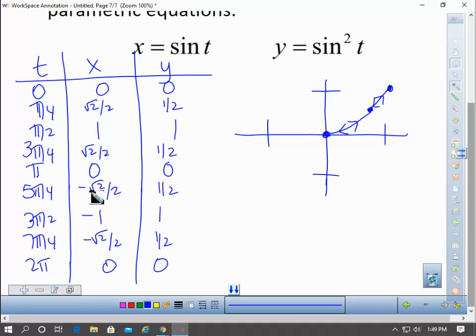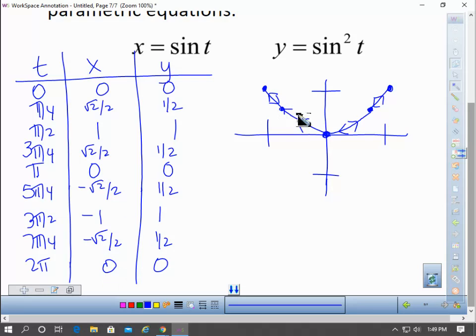And then I'm going to negative radical 2 over 2, 1/2. So that'd be negative 0.7, positive 0.5. So then I'm traipsing up here, moving in this direction. And then I get to negative 1, 1. So I'm going up here, moving in that direction to the left. Then I'm going to come back down to negative radical 2 over 2, 1/2. So now I'm traveling back down here.